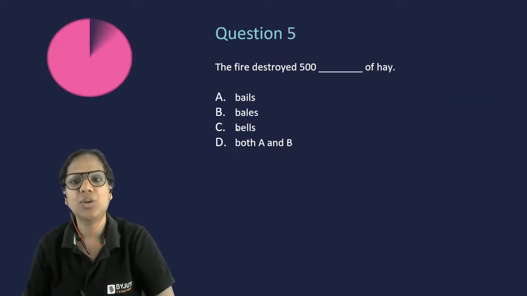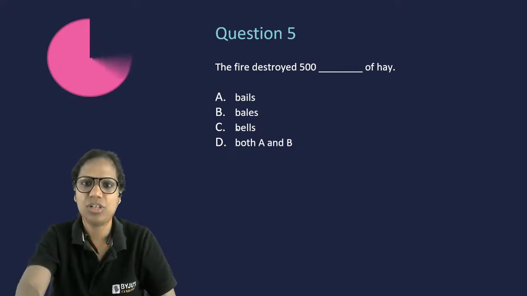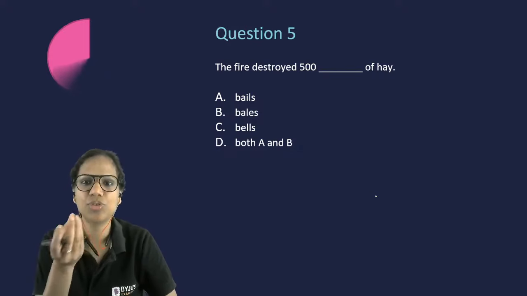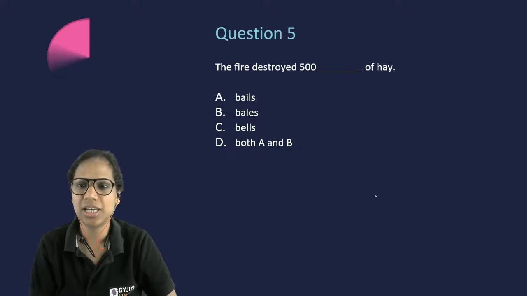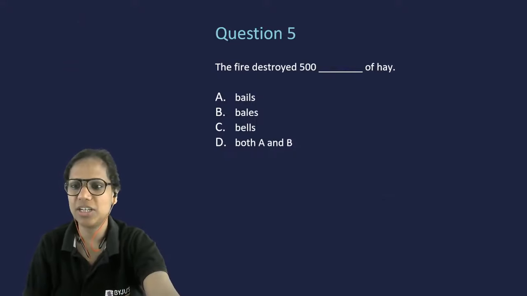Okay. Question 5. The fire destroyed 500 dash of hay. What did it destroy? Hay is what forms the fodder of farm animals, right? The fire destroyed 500 dash of hay.